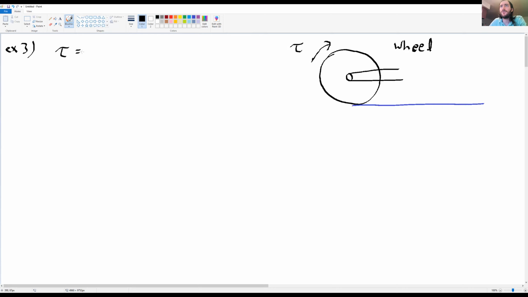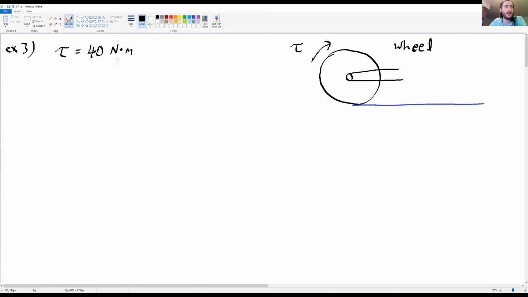And the magnitude of the torque here, let's say, is going to be 40 Newton meters. If you were wondering about the units of torque, there they are. It's force times lever arm. Force is measured in newtons, lever arm in meters, so newton meter.